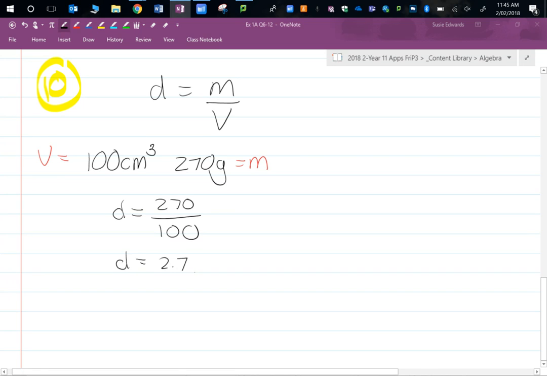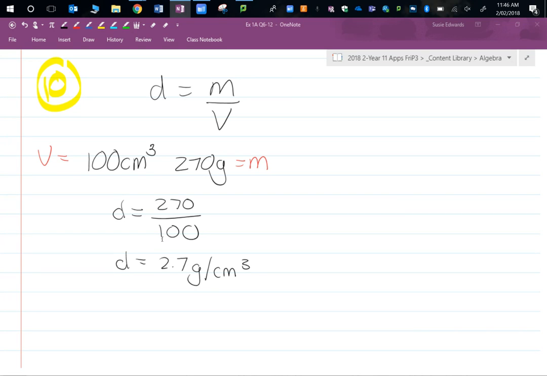Grams per cubic centimeters. The way you know which measurement it is, is that it's always in the same order as the fraction. Whatever measurement the 270 is, that's your first one. Whatever measurement your 100 is, that's your second one. So grams per cubic centimeters, and that's what the second sentence in the question is saying.